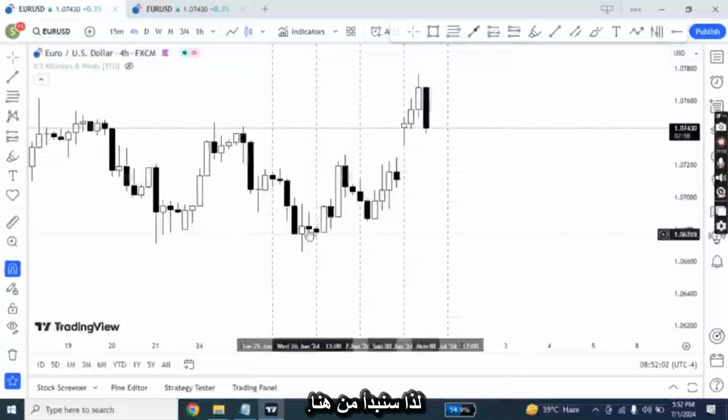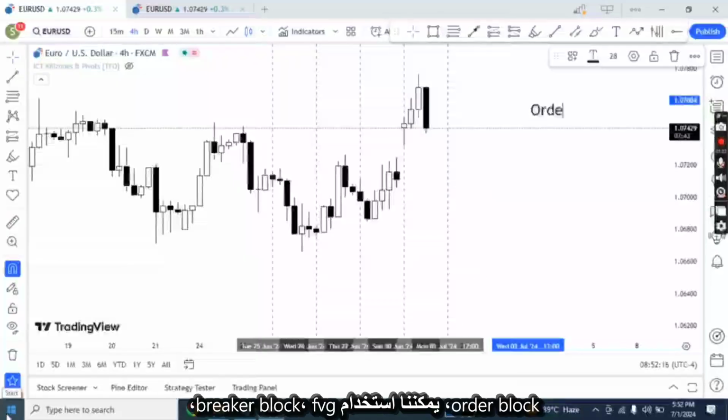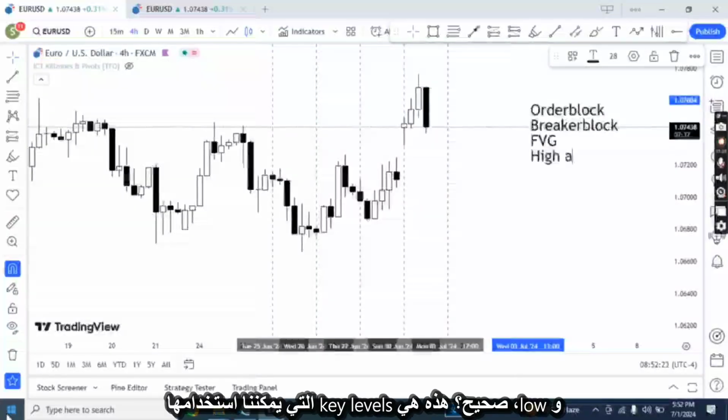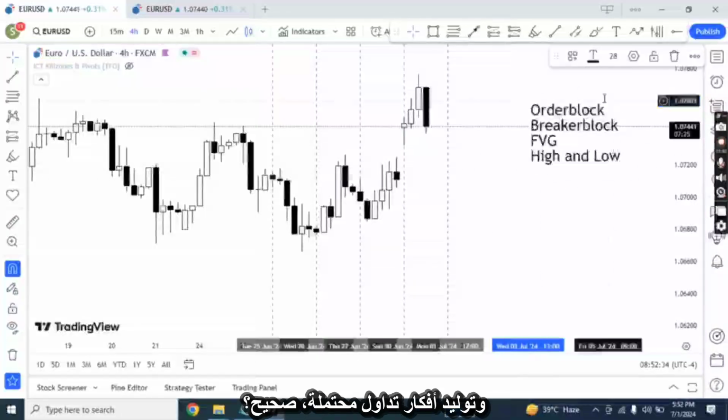We're going to start off right here, and you can see that we could use a key level either in the form of an order block, a breaker block, an FVG, or a high and low, right? These are the key levels that we can find on the 4 hour to integrate with market profiles and potentially generate trade ideas, right?